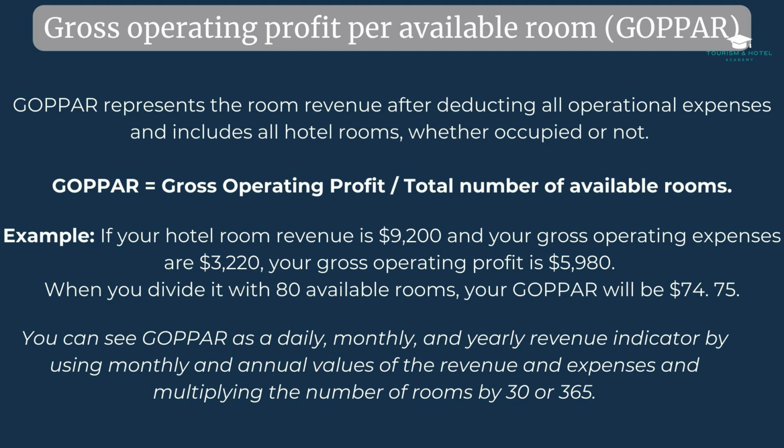For example, if your hotel room revenue is $9,200 and your gross operating expenses are $3,220, your gross operating profit is $5,980. When you divide it by 80 available rooms, your GOPPAR will be $74.75. You can see GOPPAR as a daily, monthly, and yearly revenue indicator by using monthly and annual values of the revenue and expenses and multiplying the number of rooms by 30 or 365.